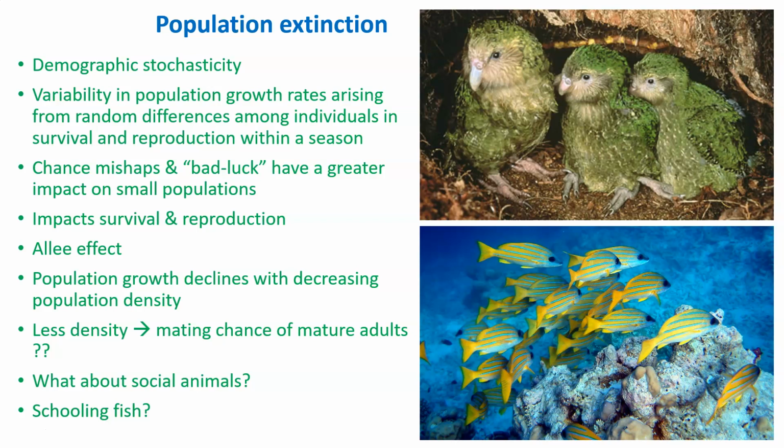So simply, demographic stochasticity refers to the random fluctuations in individual-level survival and reproductive success in a given population for a given season. Needless to say, those random variations in survival and reproduction, mathematically speaking, can influence the overall population growth rate.